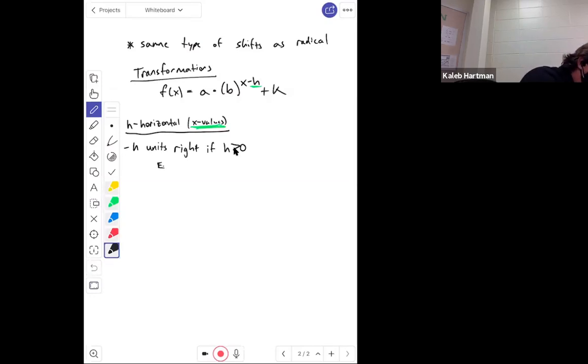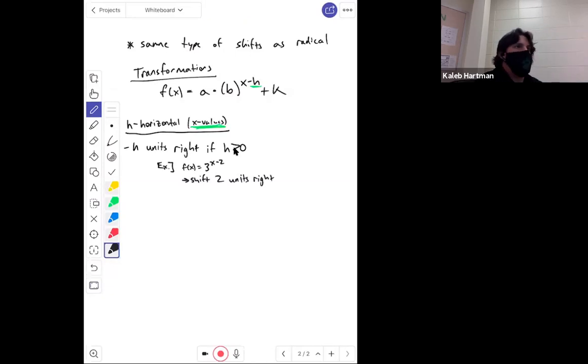So for example, if we had 3 to the x minus 2, this is a shift 2 units right.